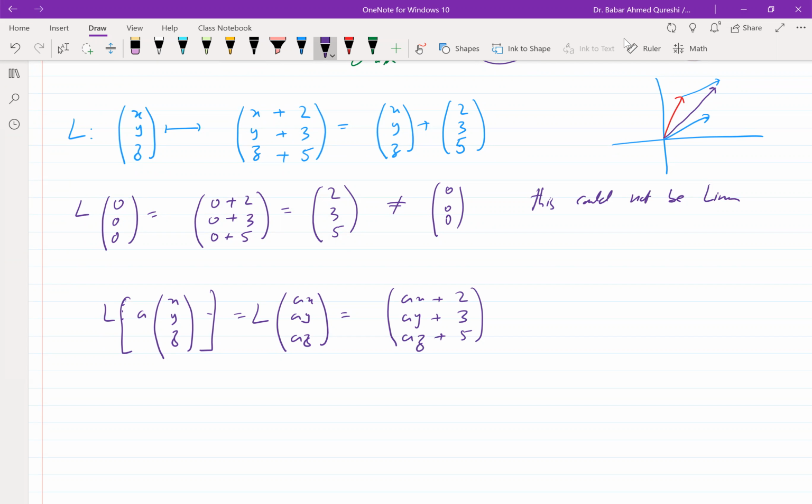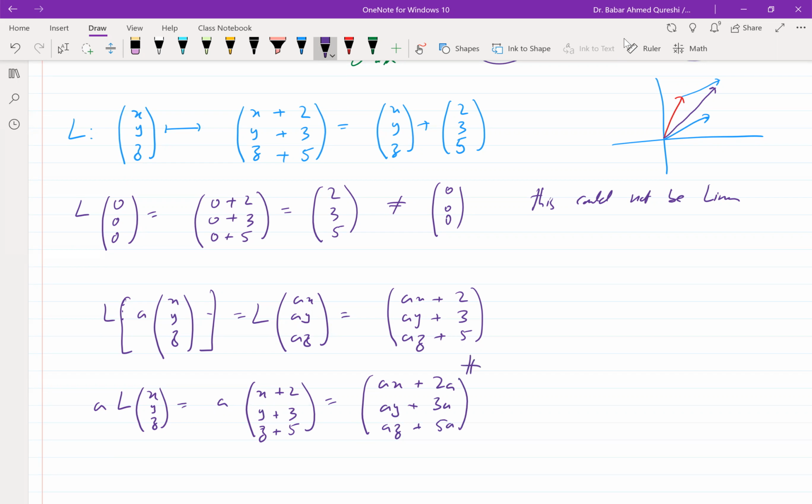But a times T(x, y, z) is a(x plus 2), a(y plus 3), a(z plus 5), which is equal to ax plus 2a, ay plus 3a, az plus 5a.